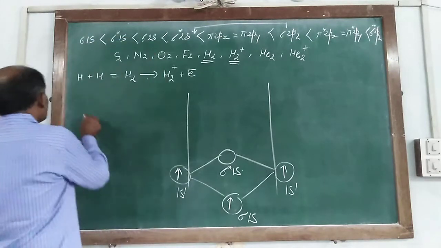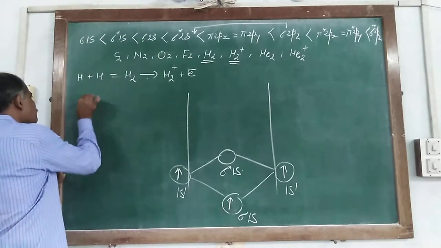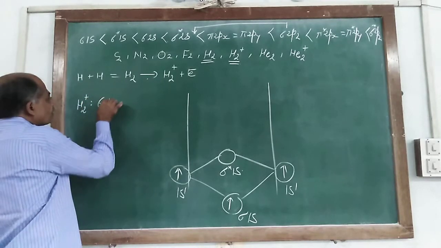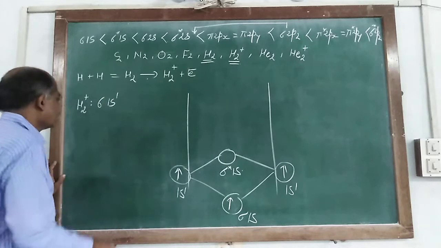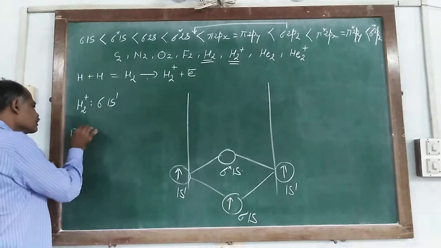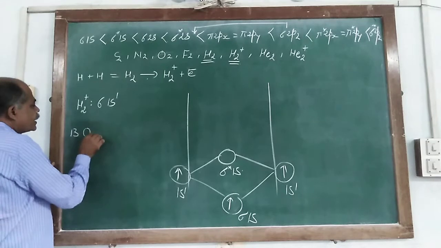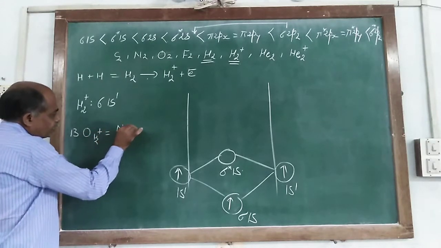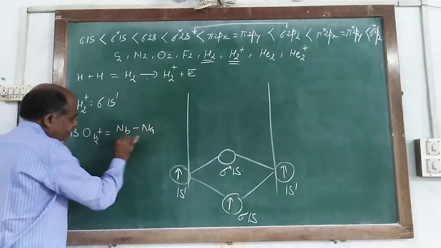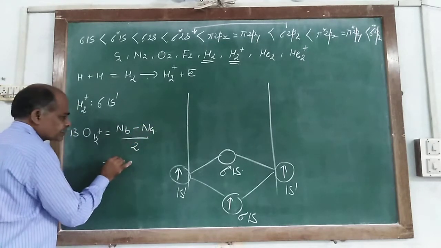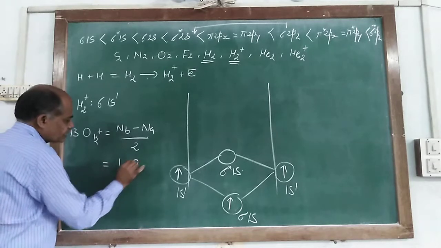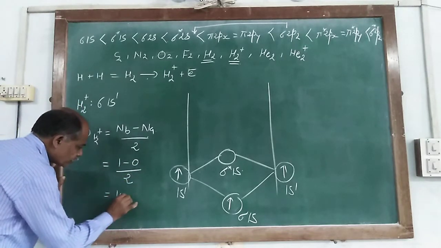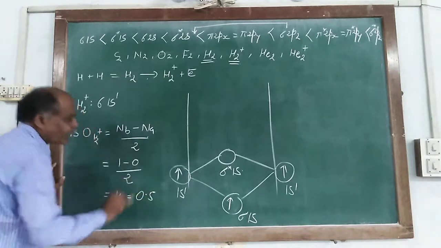So the electronic configuration for the H2 plus ion is written as sigma 1s, and the bond order of the H2 plus ion is equal to Nb minus Na divided by 2. So it is 1 minus 0 divided by 2, so it is 1 by 2 or 0.5.